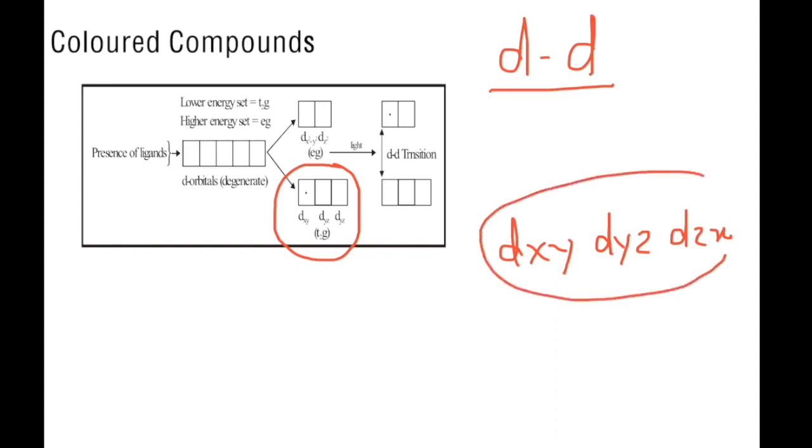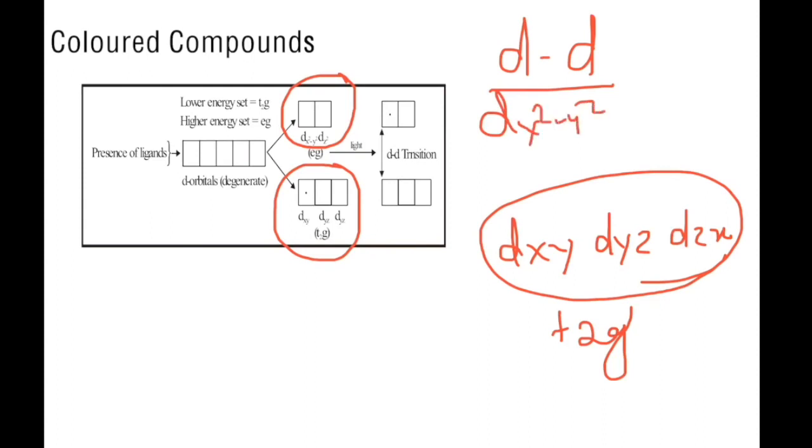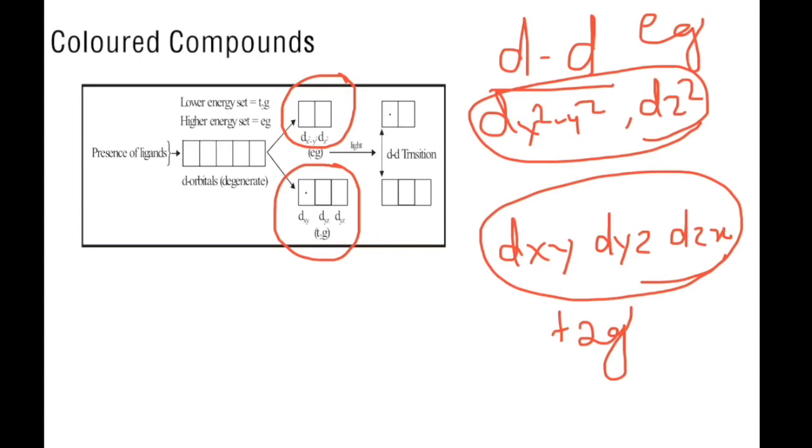These three orbitals are known as t2g. And two orbitals are axis orienting, dx2-y2 and dz2. These two orbitals are known as eg.